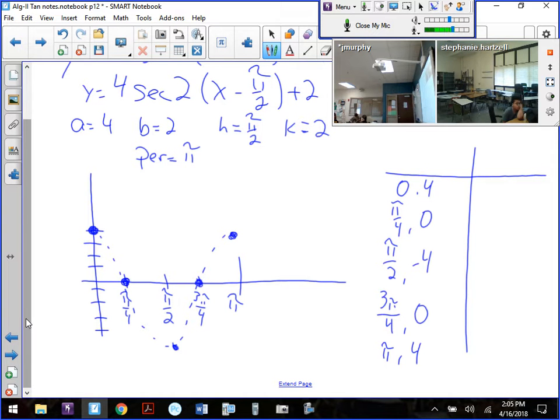To each of these, I have to add pi over 2 and add 2.